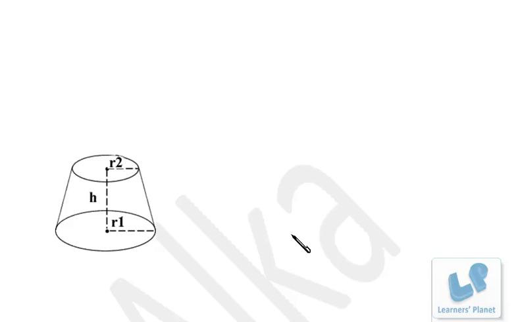Here, these two circular surfaces, the radius of this circular surface is R1, this is R2, the radius of the smaller circular surface, and the distance between these 2 points, that is the centers of the circles, is h, that is the height of the frustum, right? And we assume that the slant height of the frustum, from this point to this point, is L, right?